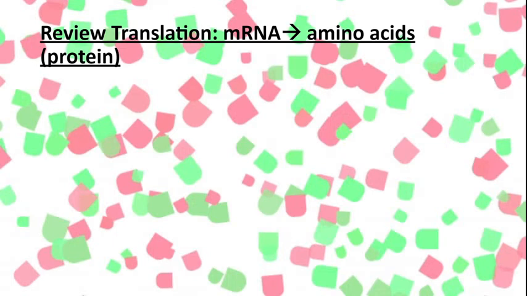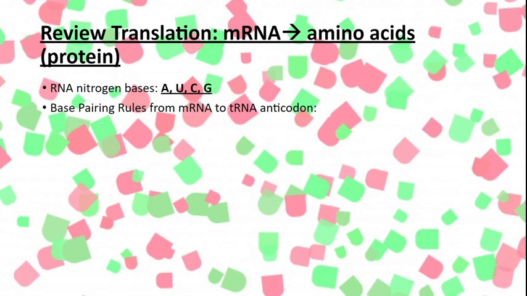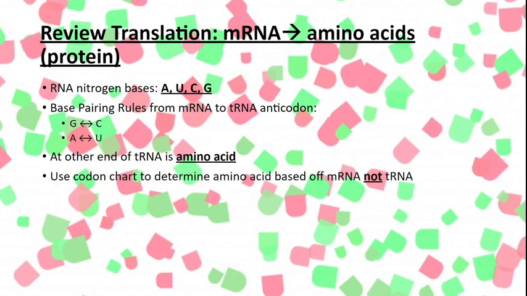Now, just to review translation from mRNA to amino acids and protein. Our RNA nitrogen bases are going to be A, U, C, G. Our base pairing rules from mRNA to tRNA anticodon are G to C, A to U. At the other end of the tRNA is the amino acid.